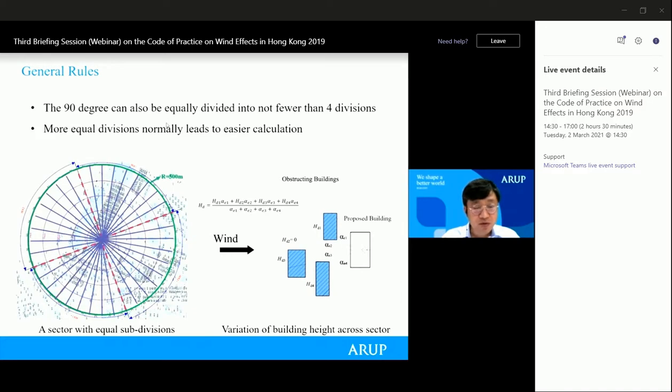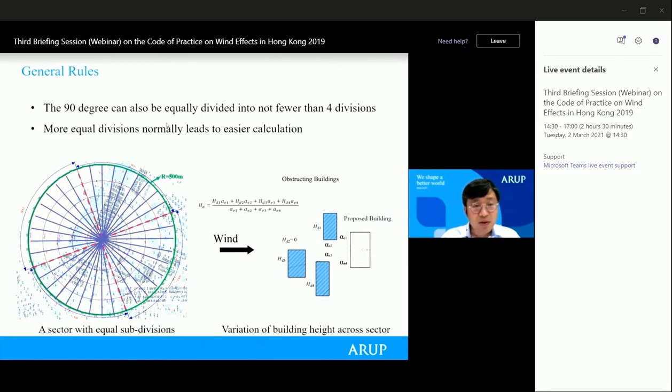Some tips to be shared: the 90 degrees can normally be equally divided into no fewer than 4 divisions.